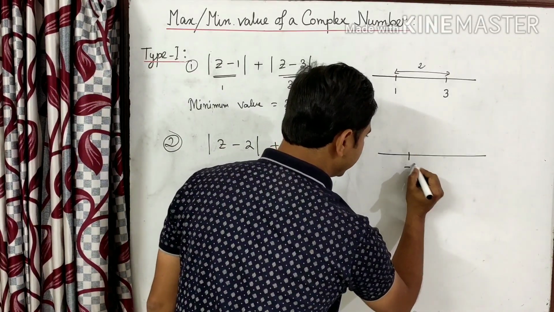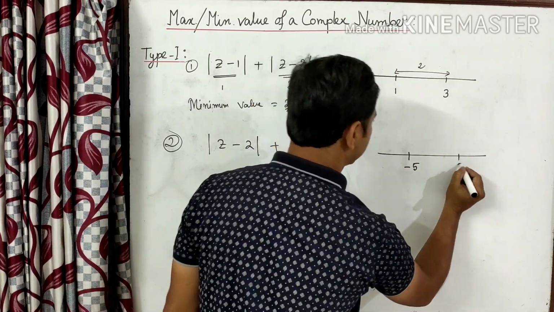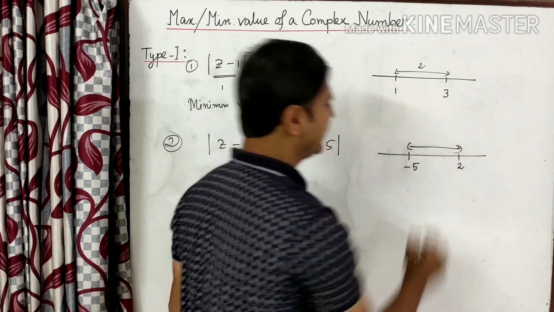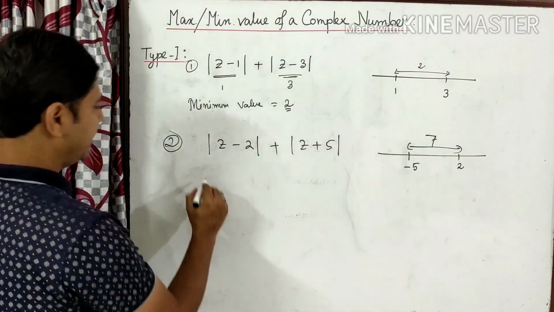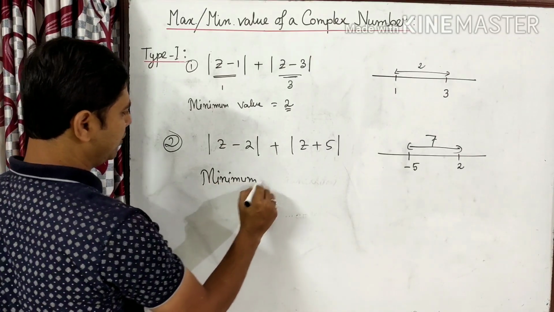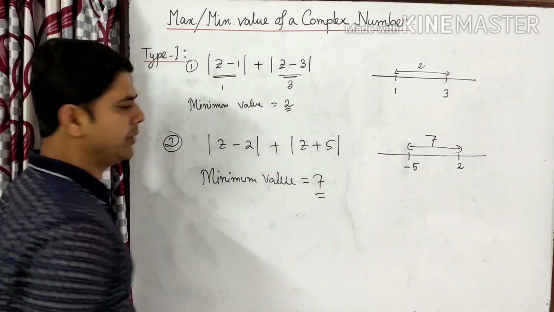Putting these values in increasing order, this one is minus 5 and this one is 2. The difference between these two numbers is 7. Therefore, the minimum value is 7.